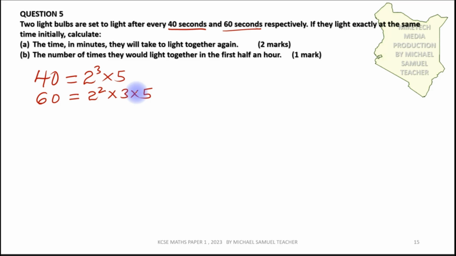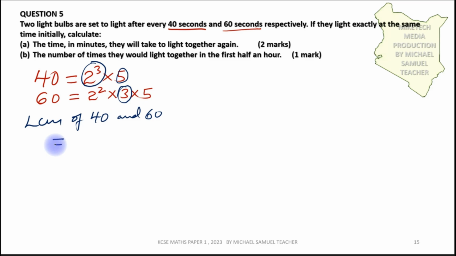So to get the LCM of 40 and 60, we are required to find the factors with the highest power. In this, we have 2 raised to 3. Then we also have 3. And also there is 5.